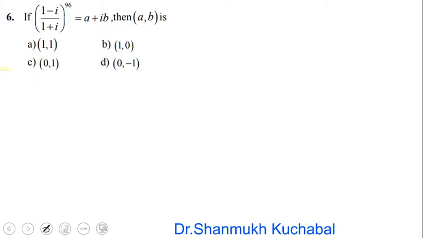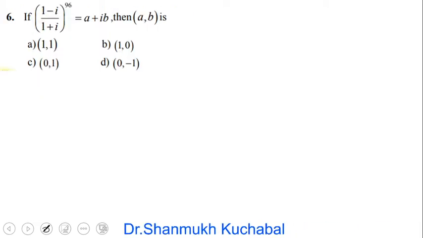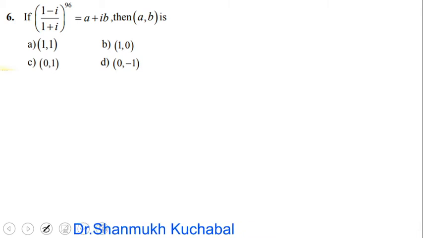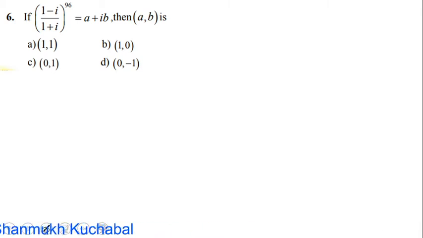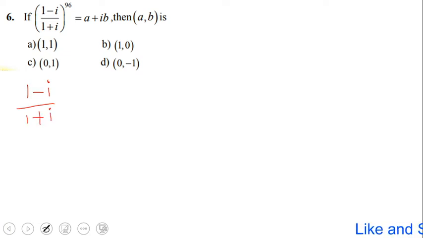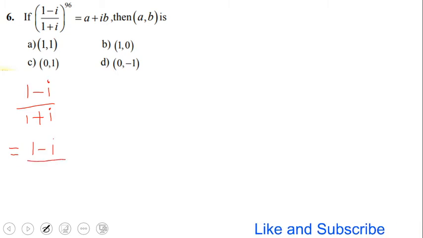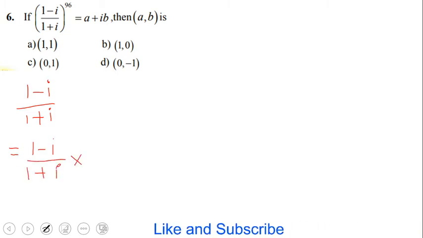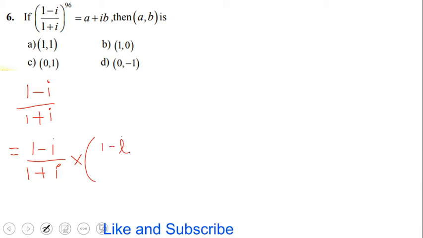We'll move to our next example, question number 6. They have given a mathematical expression, and we have to calculate the values of a and b. First I take it without the power, that is (1 minus i) divided by (1 plus i). Rationalize by multiplying and dividing by its conjugate, 1 minus i.